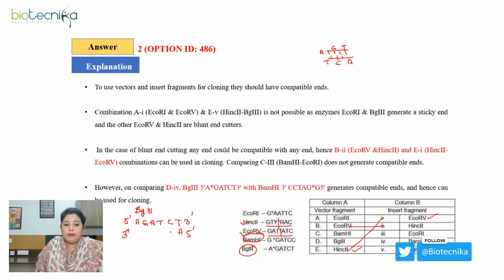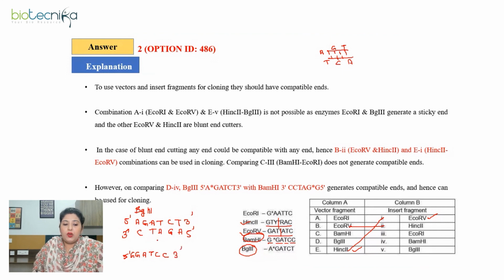So it will be A, G, A, T, and C, right? So if I compare it with BamHI, that is G, G, A, T, C, C. So this is again 5' to 3'. That is G, A, G, G, A, T, C, C. This is 3'. So the question arises, which sequence will be compatible, right?